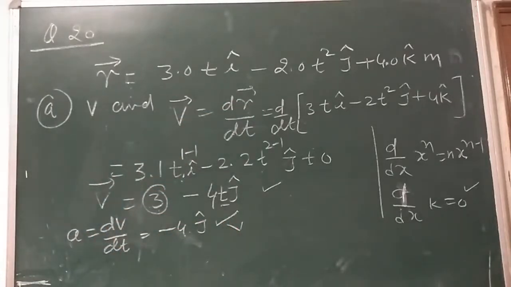Now, the second thing: what are the magnitude and direction of velocity of the particle at t is equal to 2 seconds?